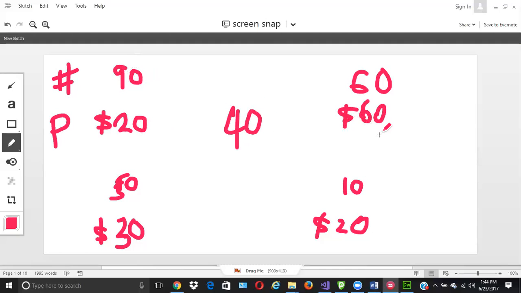But since there are more shirts in this first group, the average price is actually less than $40 because the weight here is greater. So it's going to be moving toward the group whose items are more. So if there are more shirts here, then the average price will shift toward the price of that group. So it will be less than 40.